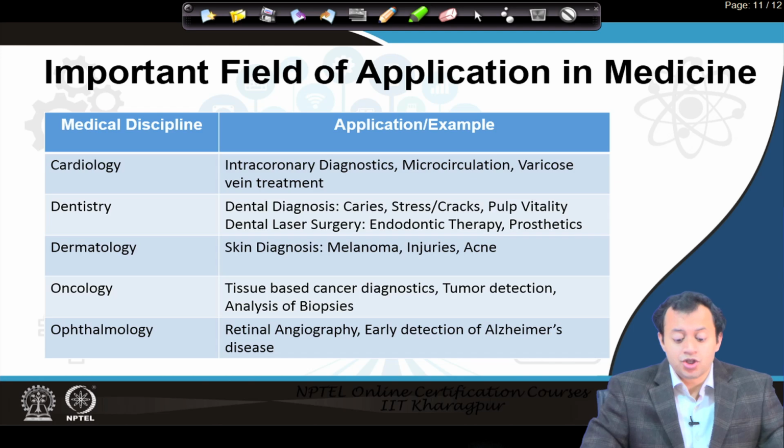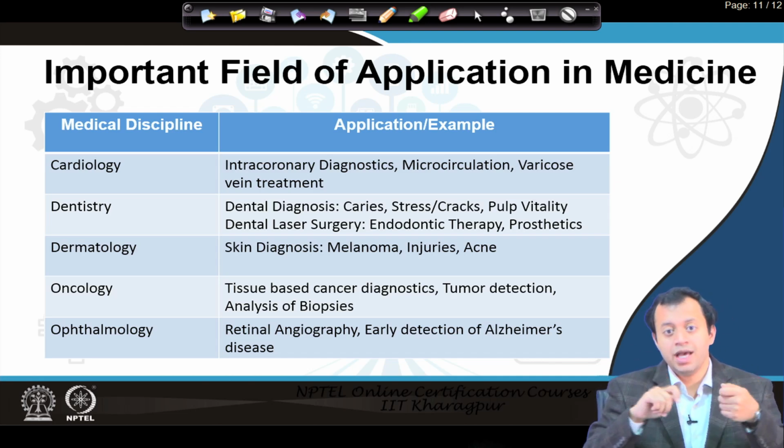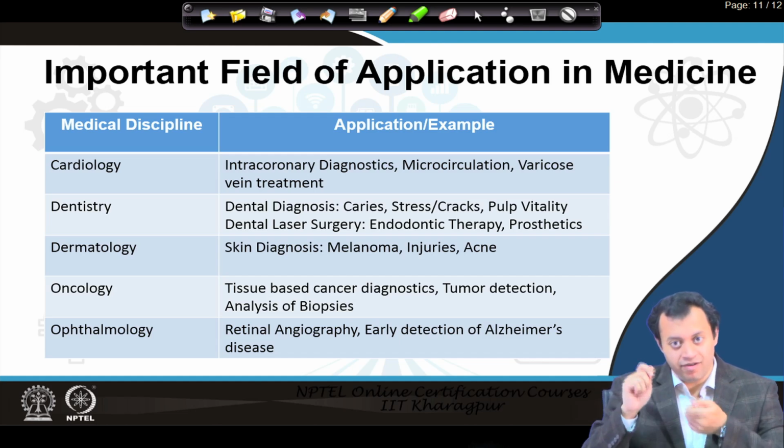looking for early detection of Alzheimer's disease. These are the protein misfolding diseases. We try to image proteins and try to look at their conformation. Proteins have a morphology as well as they are chemical entities. So, a particular protein has to have a particular shape to perform a specific function.